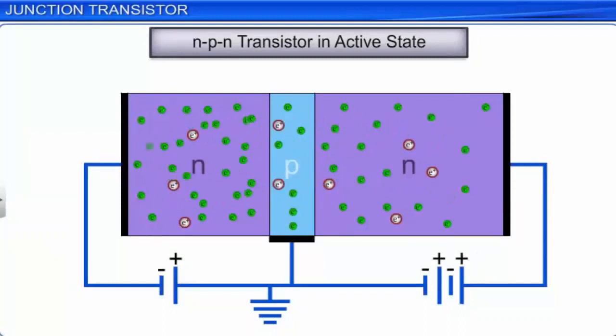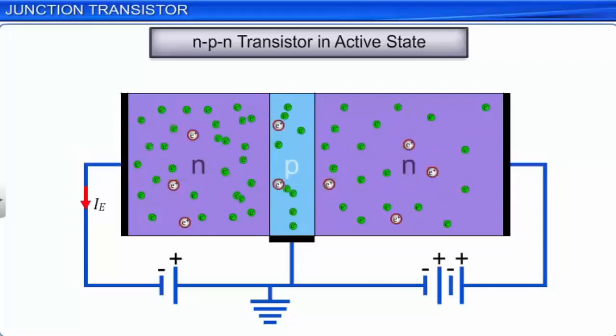This current is equal to the current leaving the emitter from the emitter terminal connected to the battery. Since the base is very thin and the base collector junction is reverse biased, most of the electrons entering the base reach the collector terminal, constituting the collector current. Only a very small portion of the electrons entering the base reach the base terminal, forming a small base current.